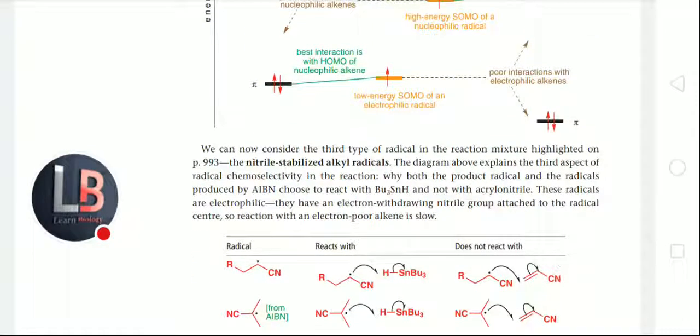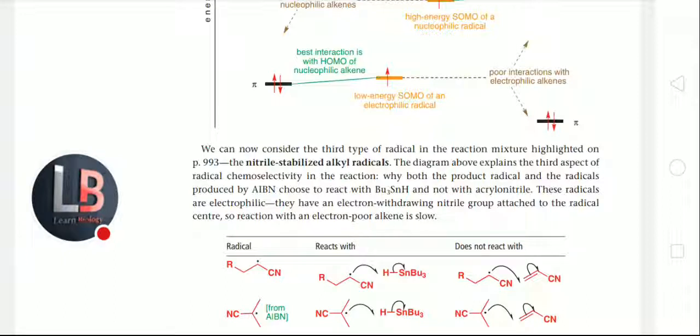We can now consider the third type of radical in the reaction mixture, highlighted on page 993: the nitrile stabilized alkyl radical. The diagram above explains the third aspect of radical chemoselectivity in the reaction. Why do both the product radicals and the radical produced by AIBN choose to react with Bu3SnH and not with acrylonitrile?